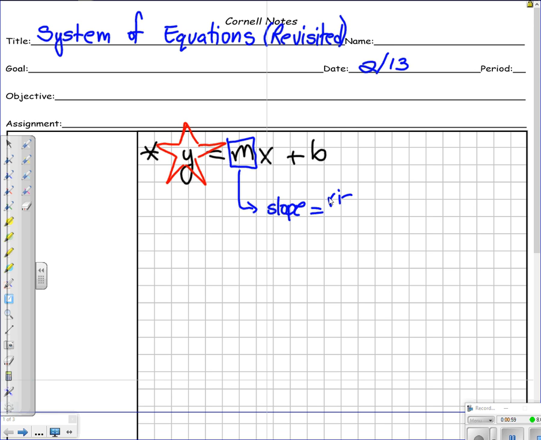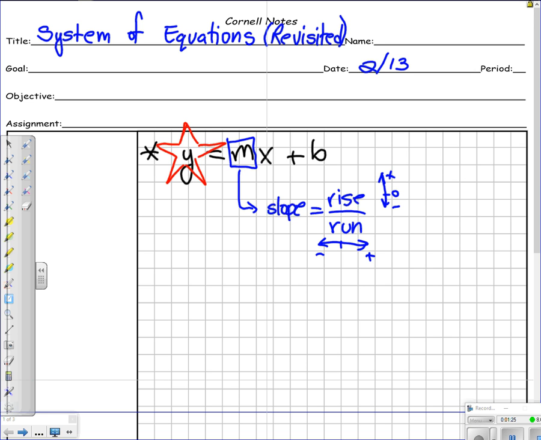Rise over run. The rise moves you up or down. If it's positive, you go up. If it's negative, you go down. If it's zero, don't move anywhere. Stay there. Okay. The run moves you sideways, positive to the right, negative is to the left.